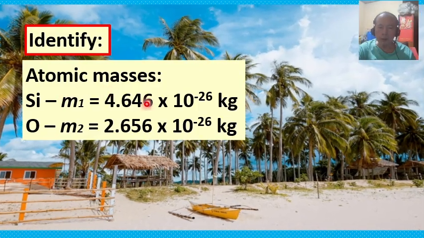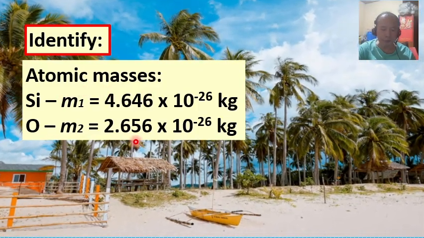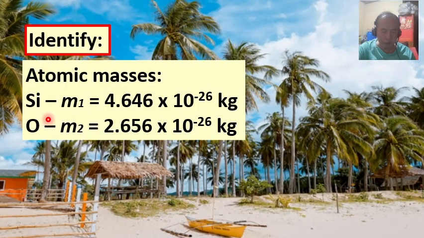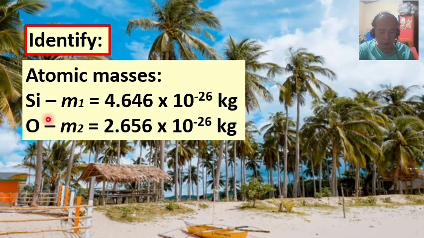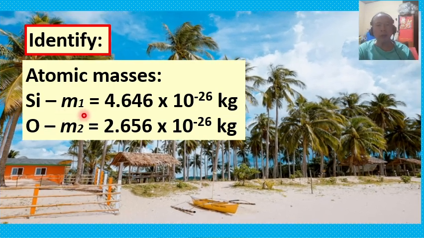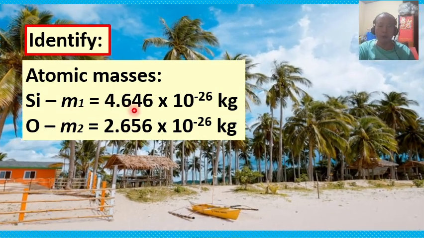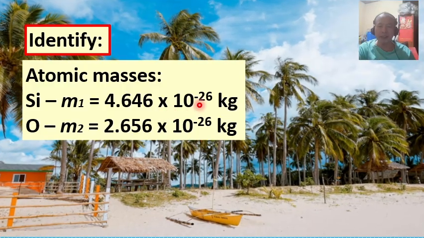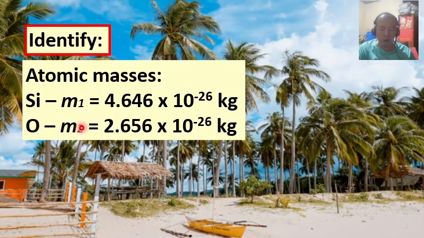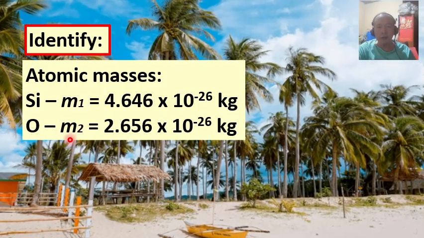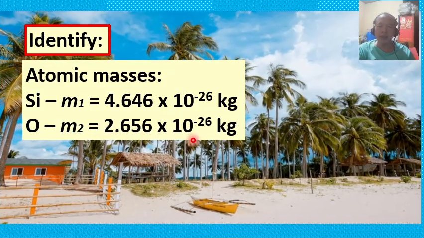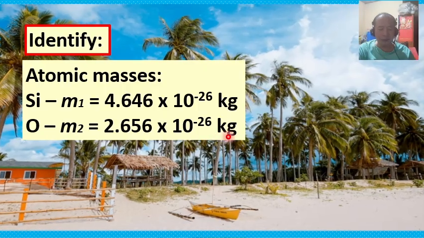So, going back to our given problem, we have here the mass of the most common silicon atom, which we denote by M1, equal to 4.646 times 10 raised to the negative 26 kilogram, while the mass of the most common oxygen atom, which we denote as M2, equals 2.656 times 10 raised to the negative 26 kilogram.